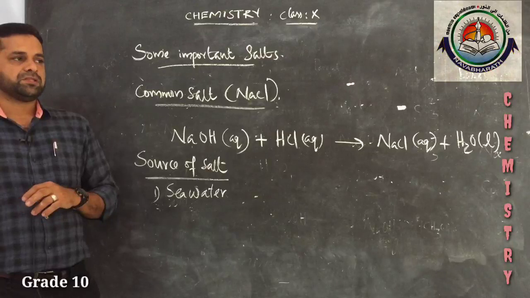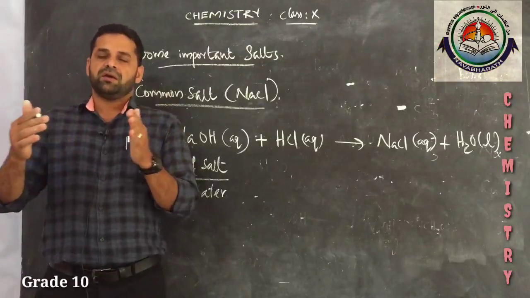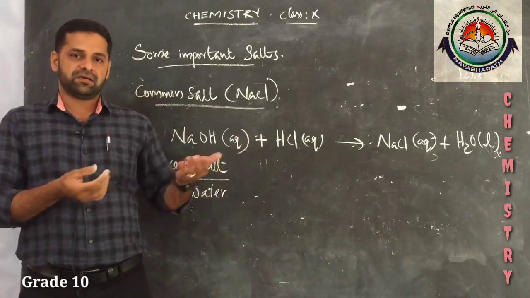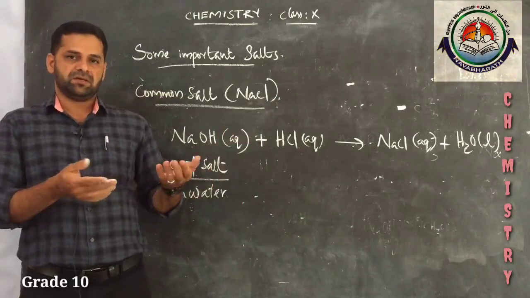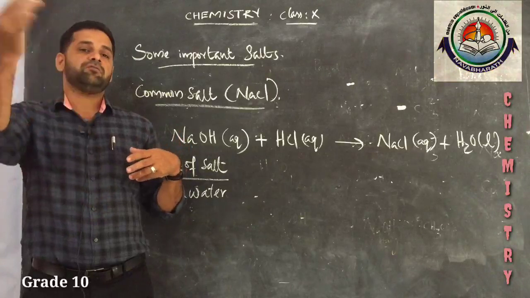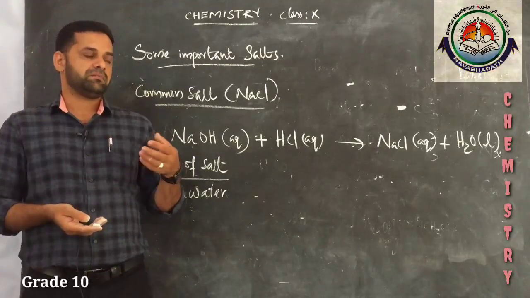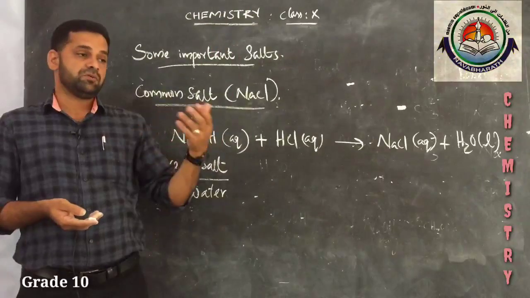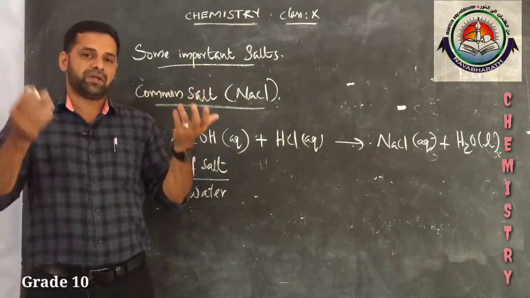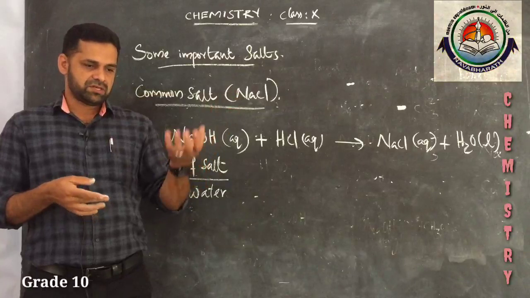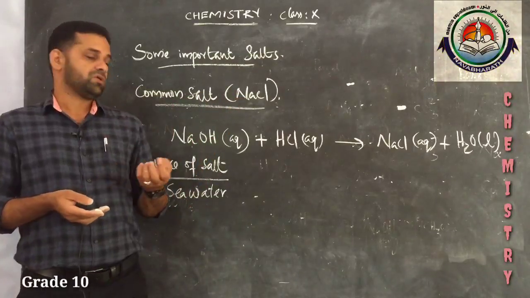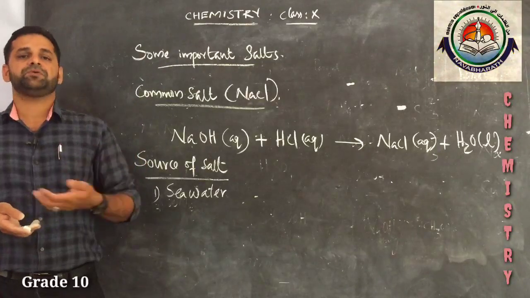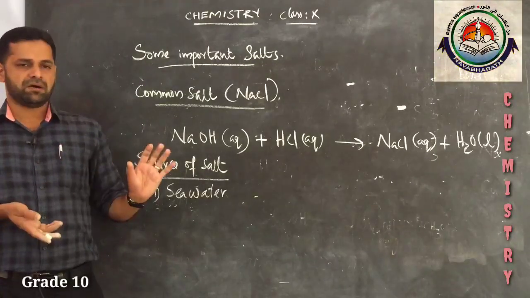This sea water is trapped in shallow tanks or shallow pits, and then it is evaporated under the sun, and also by the wind. After evaporation we get the salt crystals of sodium chloride, and it can be purified later. So, that is one source.